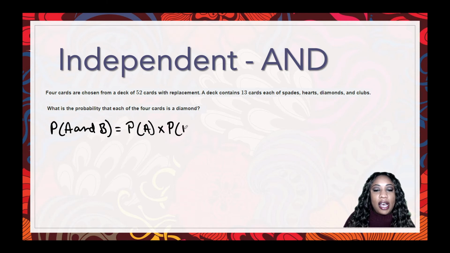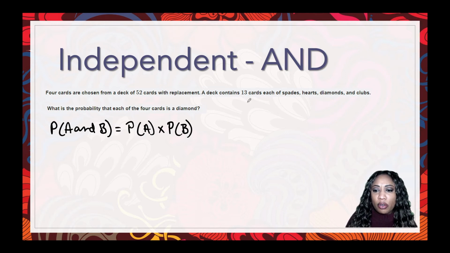It just so happens that this time we're going to have to multiply 4 times because we're doing 4 cards. So we have 4 cards chosen from a deck of 52 cards with replacement. A deck contains 13 cards each of spades, hearts, diamonds, and clubs. So we're going to look at the 4 cards being diamonds.